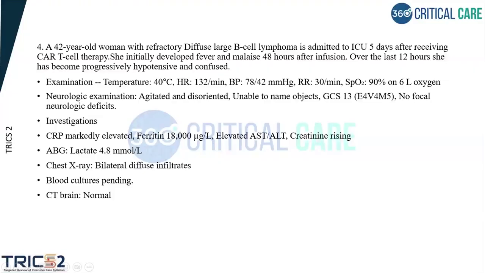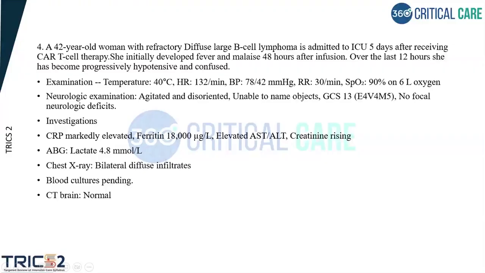Now post the therapy, 48 hours later, she had developed progressive hypotension and confusion. So she was febrile, she was tachycardic, with severe hypotension. She was requiring 6 liters of oxygen. Now coming to the neurological examination. Here the patient is agitated and disoriented, unable to name objects.